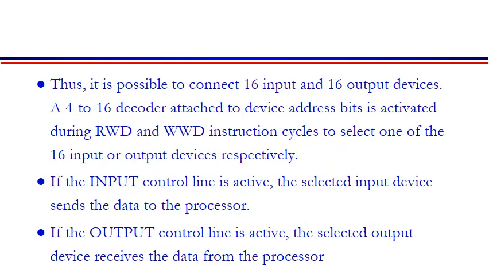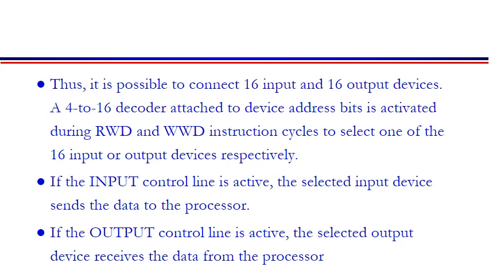So it will be possible to connect 16 input and 16 output devices. How it is done, a 4 to 16 bit decoder attached to device address bits is activated during read or write instruction, which will be used to select one of the 16 input or output devices.